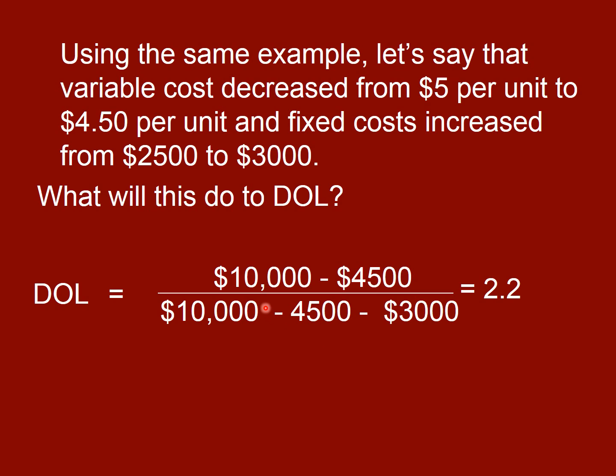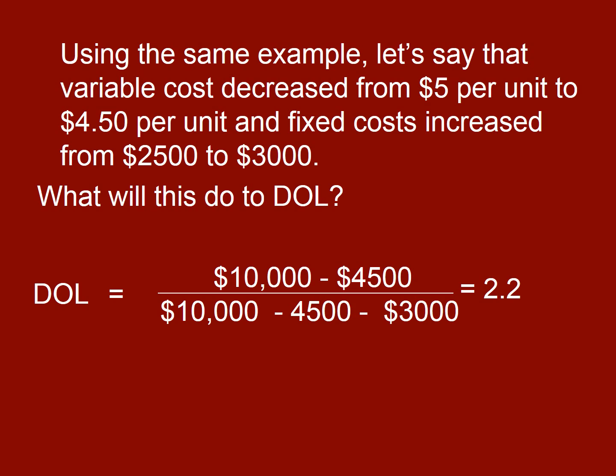Okay, so following our DOL formula, we have total sales minus total variable cost divided by EBIT. And notice that even though our total operating costs are the same, the DOL went up to 2.2. Okay, from 2.0 to 2.2. And that's because our fixed cost increased.